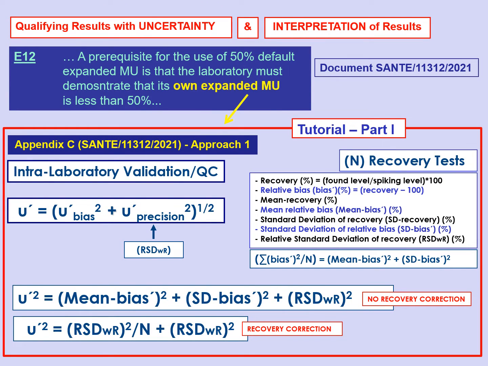This is the reason why Appendix C in Approach 1 of the document is devoted to explain how the laboratory can estimate its own expanded uncertainty by using validation and/or quality control data.